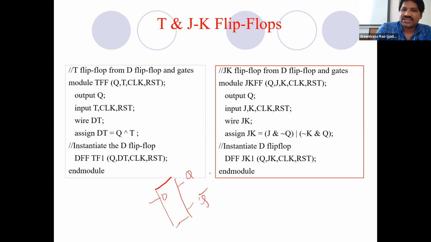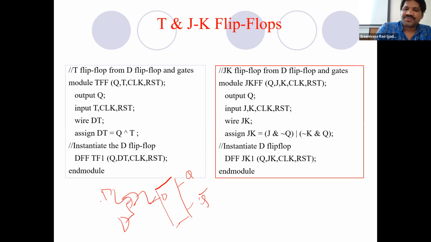What is JK equal to? These two are ANDing, and both outputs go to an OR.